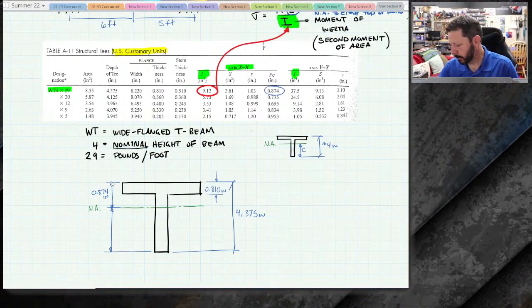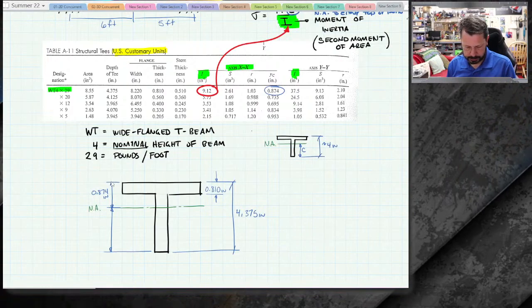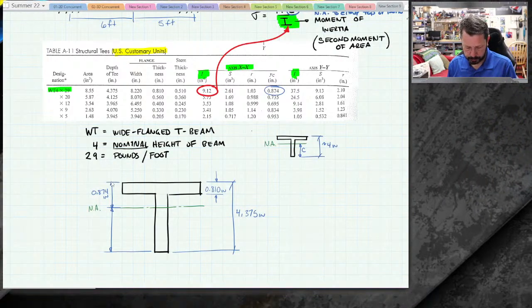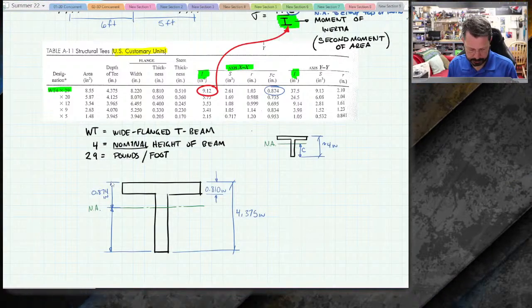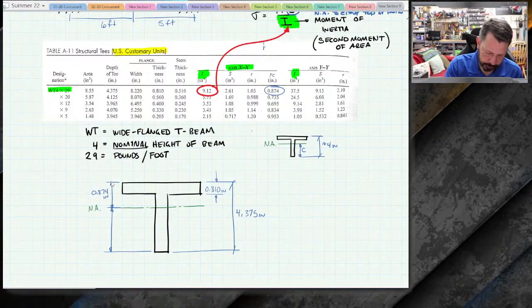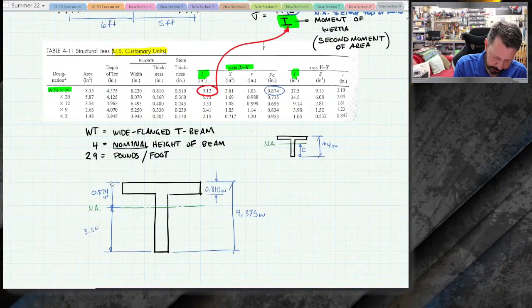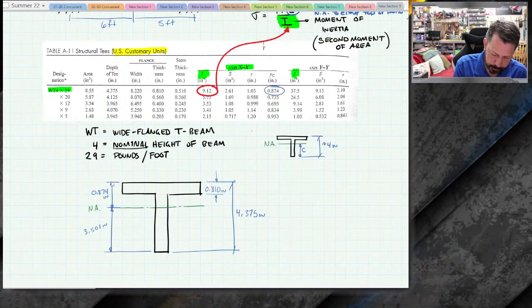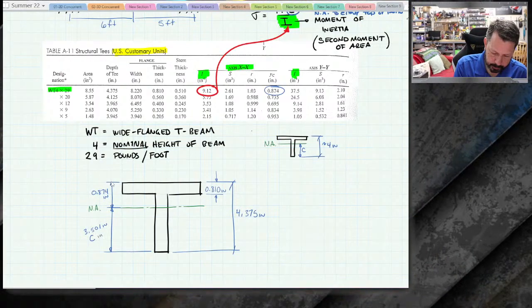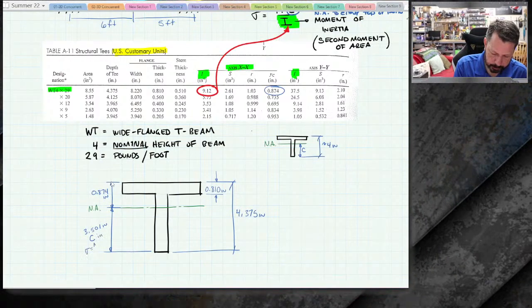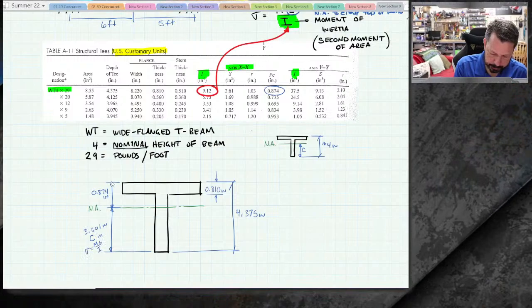Got to find my calculator. It is 4.375 minus 0.874. 3.501 inches. And that'll be the value C in sigma equals MC over I.